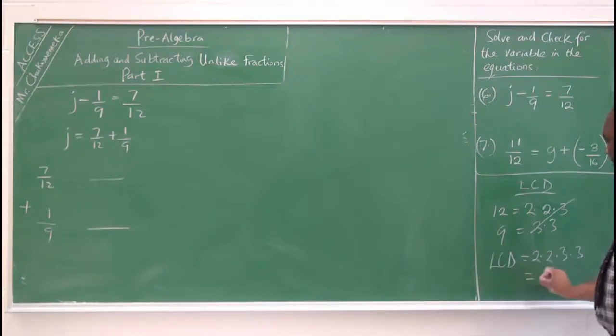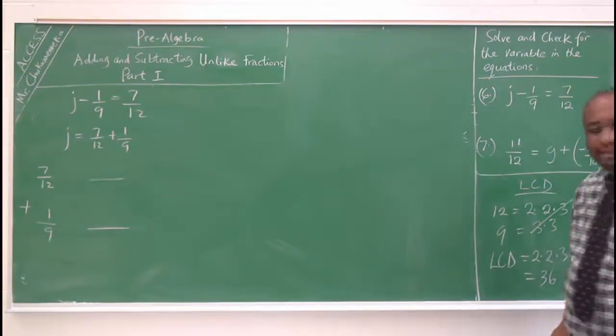So 2 times 2 is 4. 4 times 3 is 12. 12 times 3 is 36. The LCD is 36.